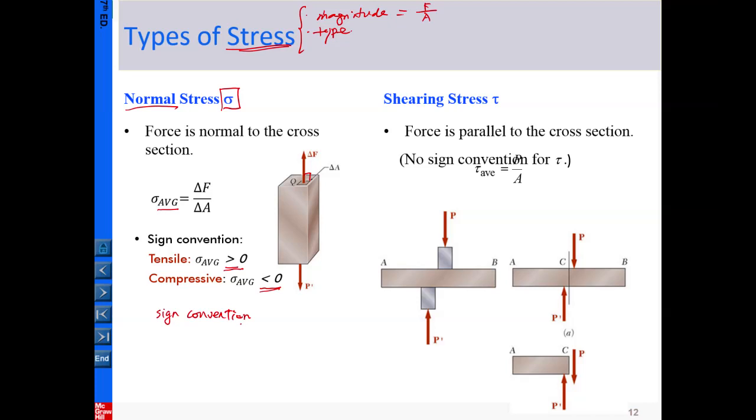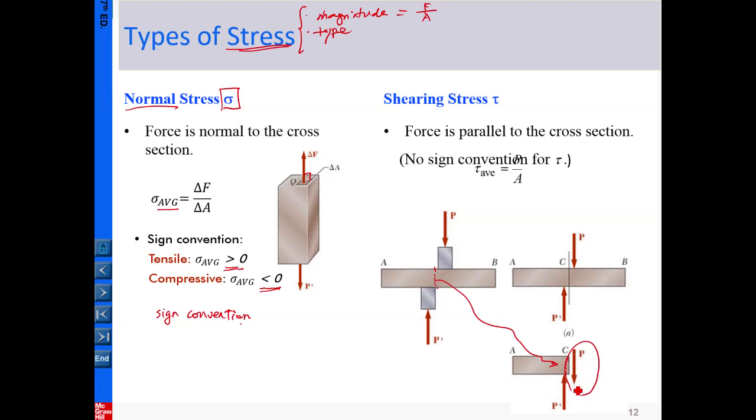And for sign convention, there is no reason to explain. We just follow it. The second type of stress is called the shear stress. If we pick this cross section here and take the free body diagram, that is a section we pick. On that cross section, there is a reaction, which is a force.